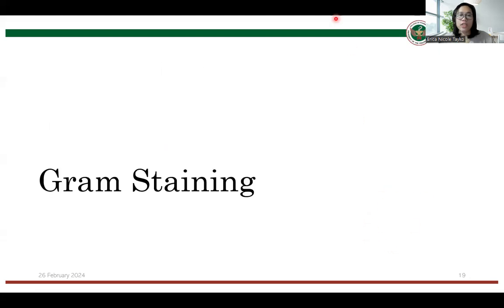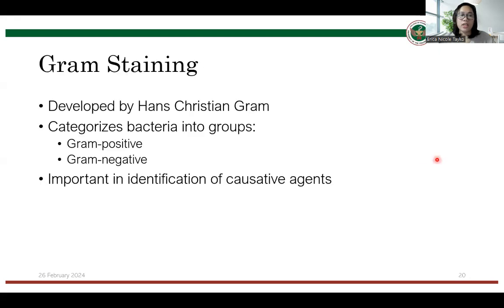Okay, so another staining technique that you encountered, one of our differential staining techniques, is gram staining. Gram staining is a technique that was developed by a scientist, Hans Christian Gram. That's why when you write gram staining or gram positive, gram negative, you don't write it with a small letter.